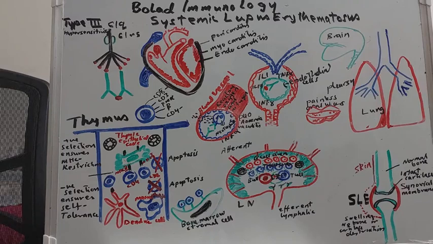This is actually very dangerous, as SLE is a T helper disease, or an antibody mediated disorder. So this will lead to loss of tolerance, B cell hyperactivity, and in turn to the production of pathogenic antibodies.